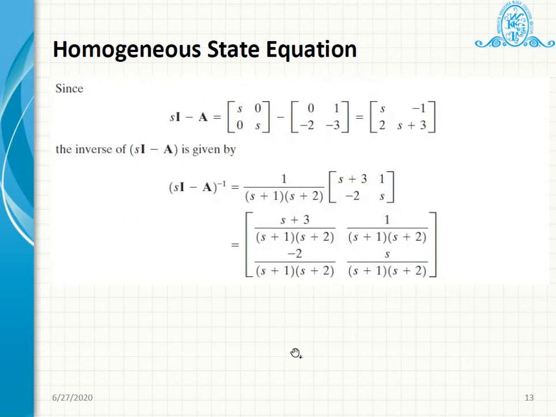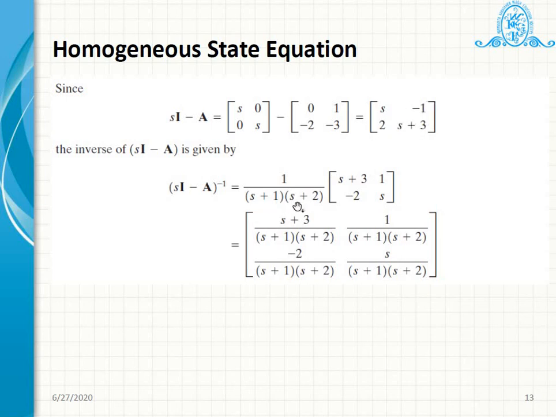Now we need to go for the inverse of this sI minus A. Inverse of this is the adjoint of the matrix divided by the determinant of the matrix. The determinant of the matrix is simply s multiplied by s plus 3, plus 2.